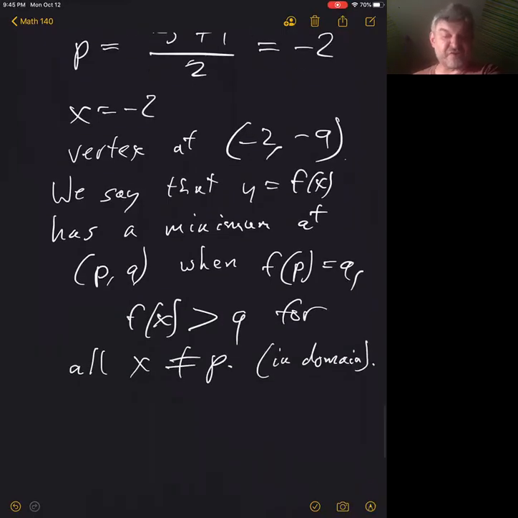So these parabolas that I've shown you, they all have a minimum at the vertex.